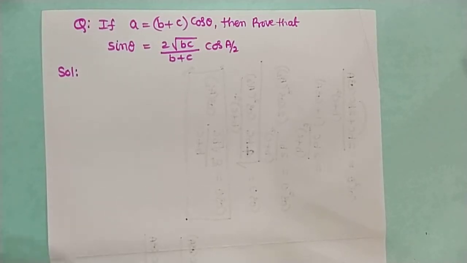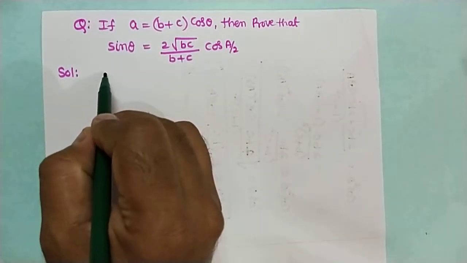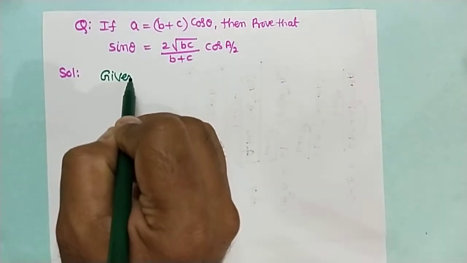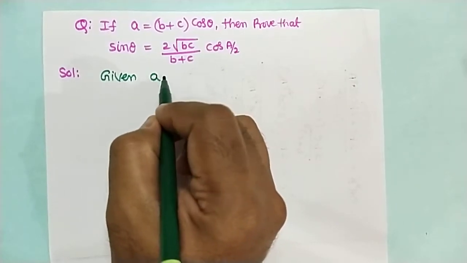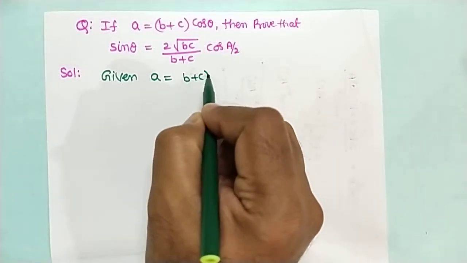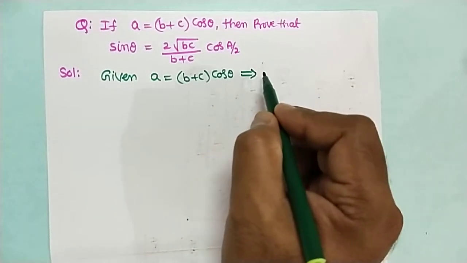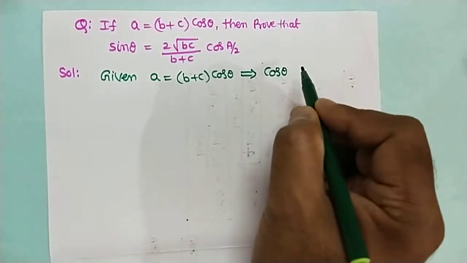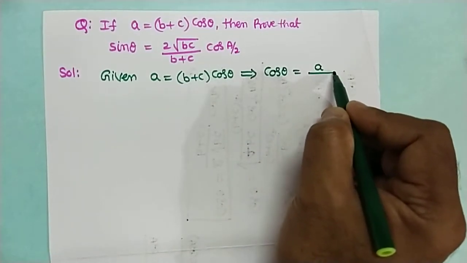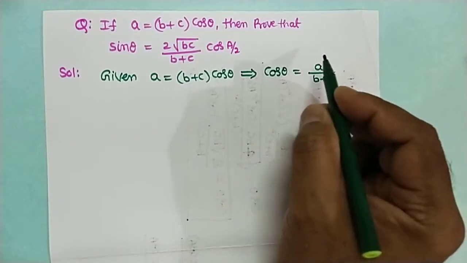So what is given first? Given a equal to b plus c into cos theta. From that, make cos theta the subject. So cos theta equal to a by b plus c.